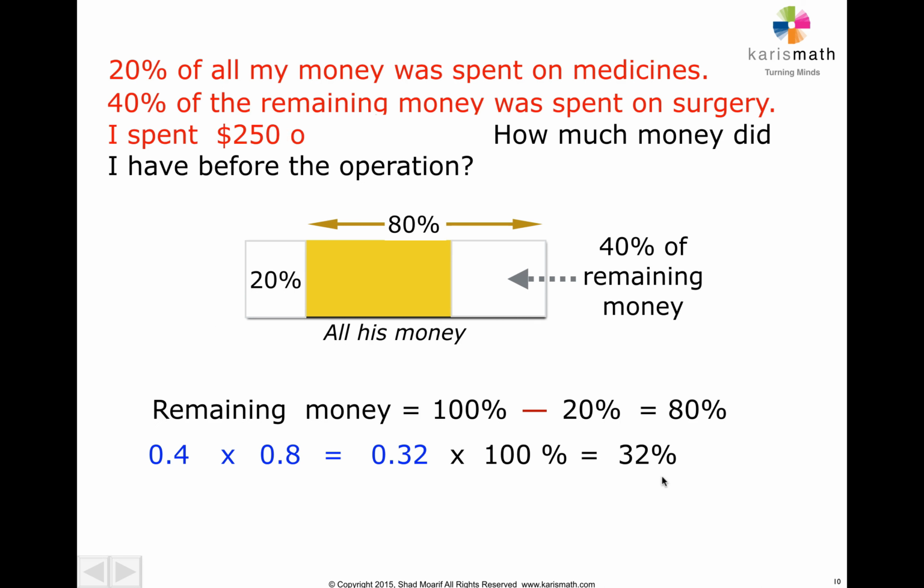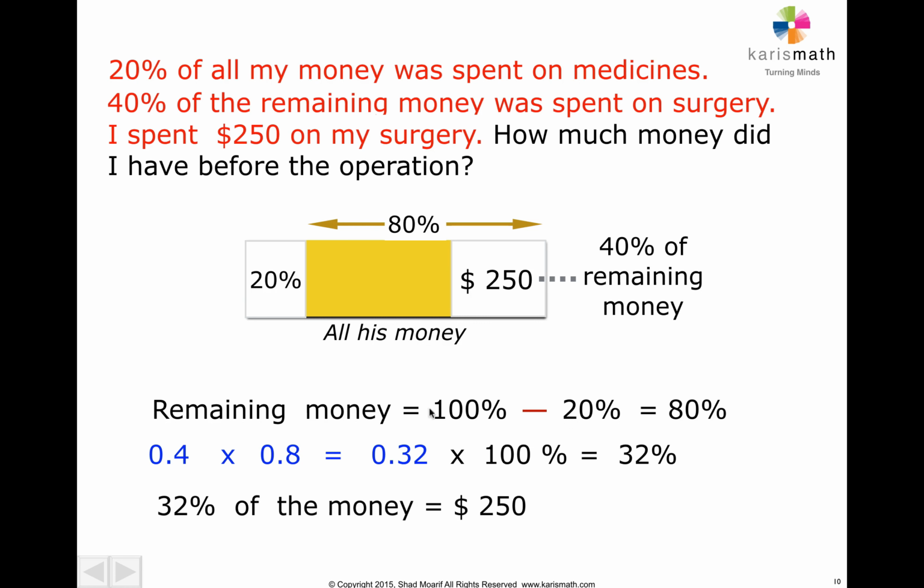Well, 32% of all my money must have been $250, right? 32% of all my money is $250. Now we can figure out what this missing bit is, because this is 0.32.